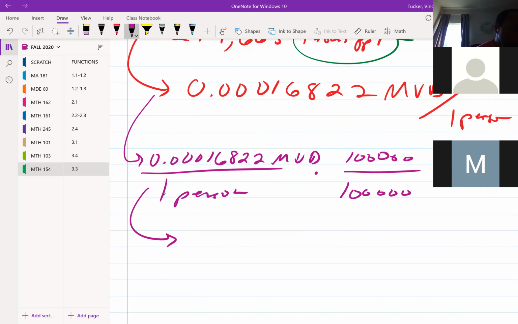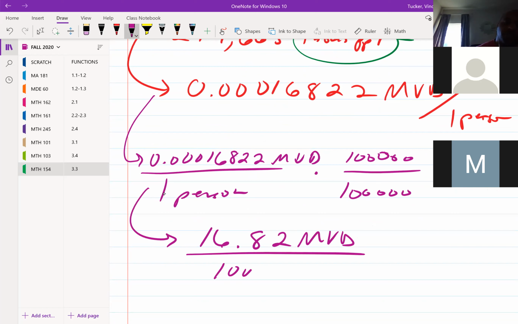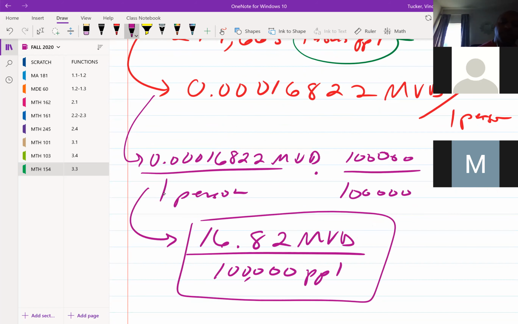That should be 16, right? Yeah. So it'll be 16.82 MVD up top, and that will be 100,000 people down bottom. So that'd be 16.82 per 100,000 people.